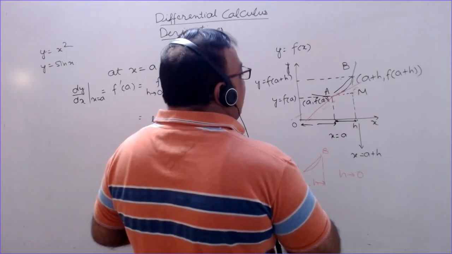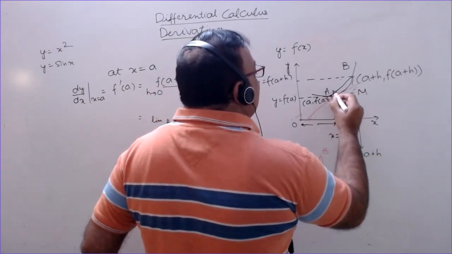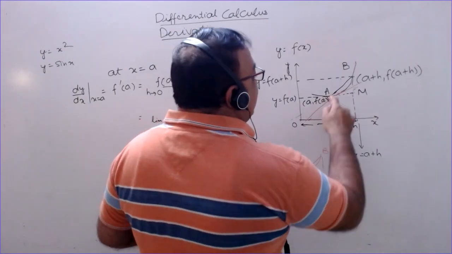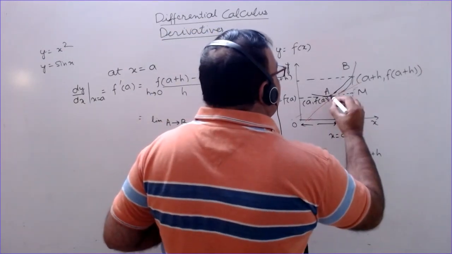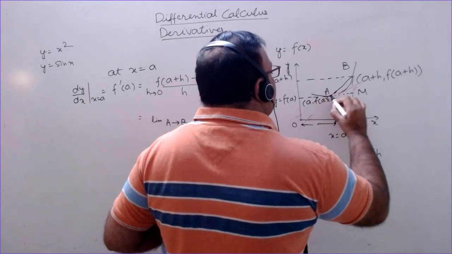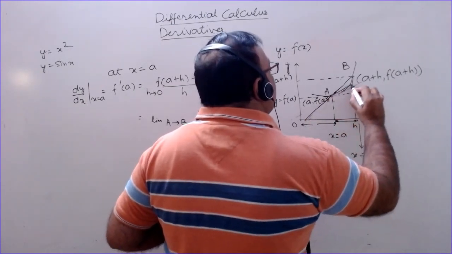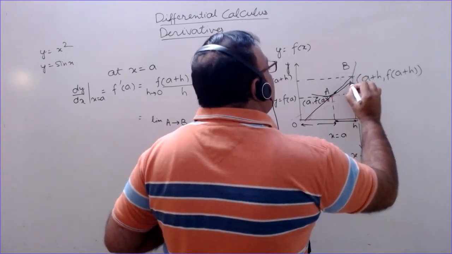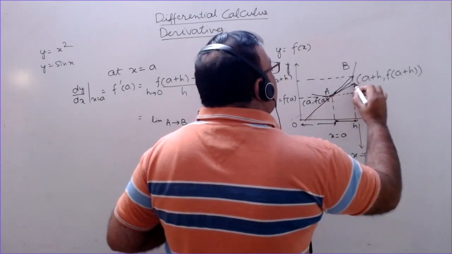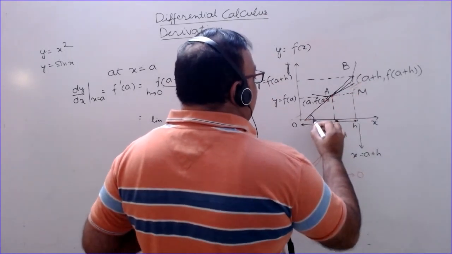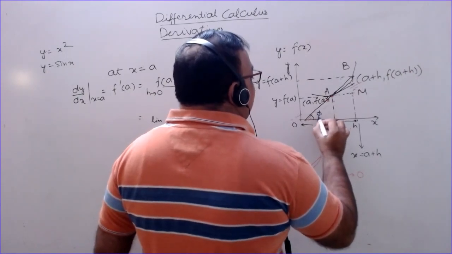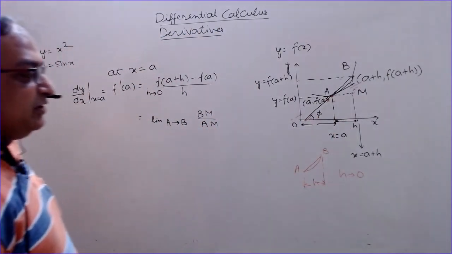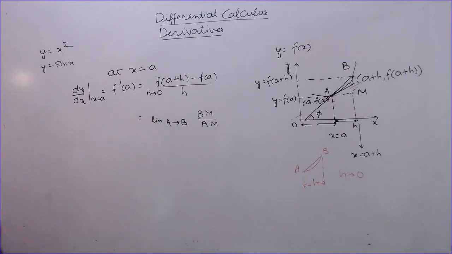In that case a and b become almost the same point, and so we can draw a tangent here at this point. This tangent is making an angle, say phi or theta, with the positive direction of x-axis. So this expression can be written as equal to tan of phi.